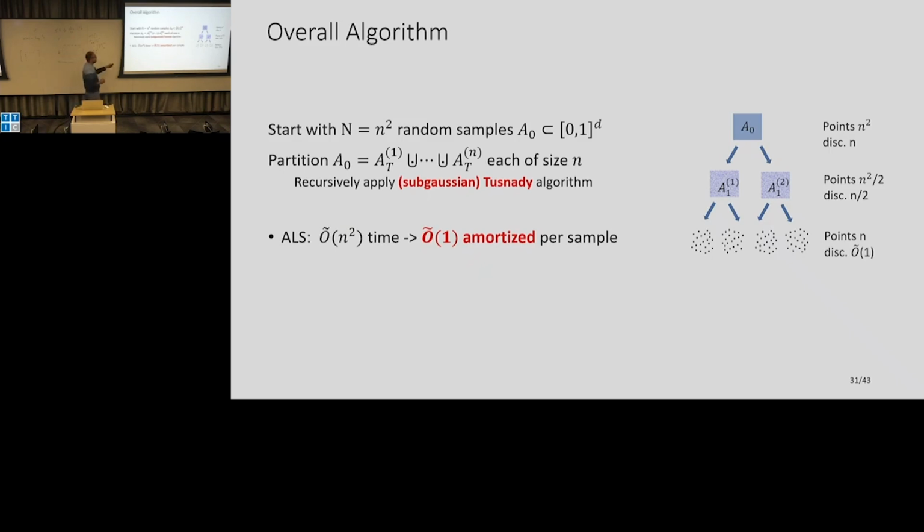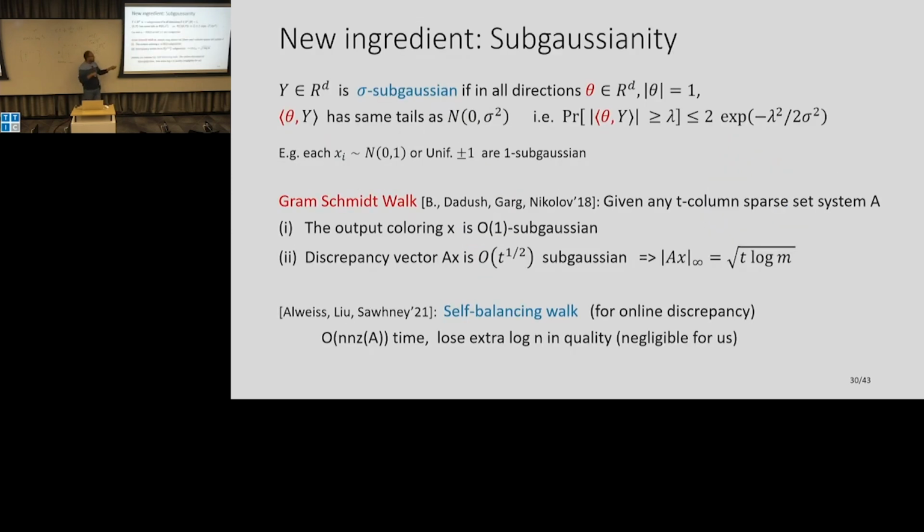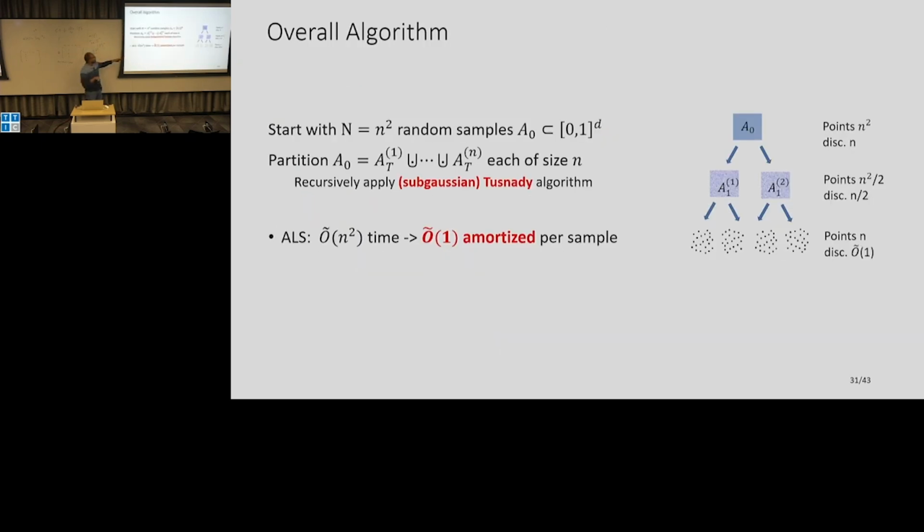So here is our full algorithm for producing these point sets. You start with these n squared random points in [0,1]^d. And I'll just apply this sub-Gaussian Tushnadi algorithm. So instead of the naive Tushnadi that I showed you, I will use this black box to solve the column-sparse Tushnadi with this dyadic decomposition.